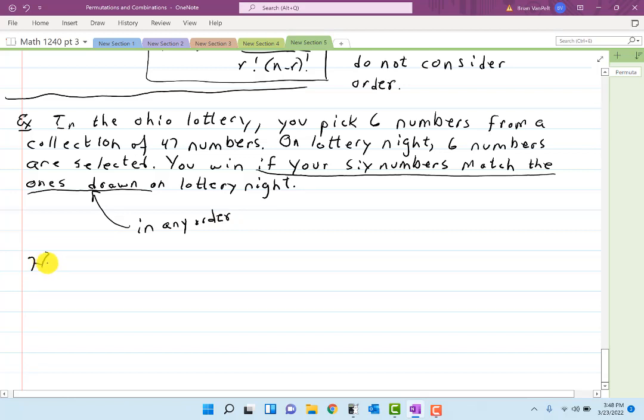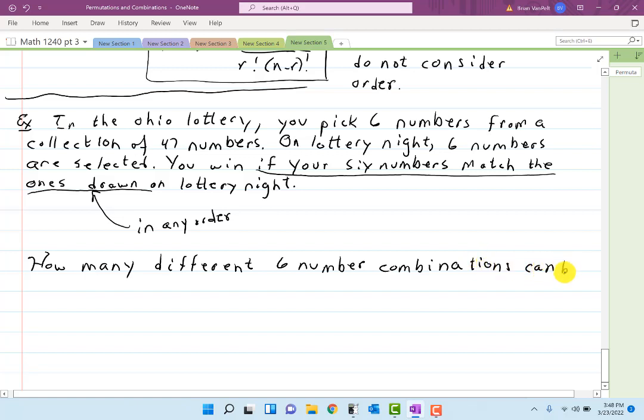How many different 6 number combinations can be selected? This way. So how many can you get out of 47?